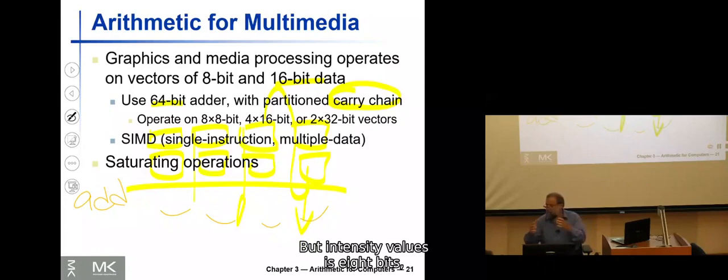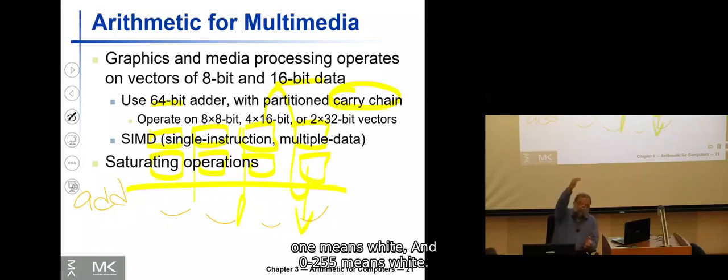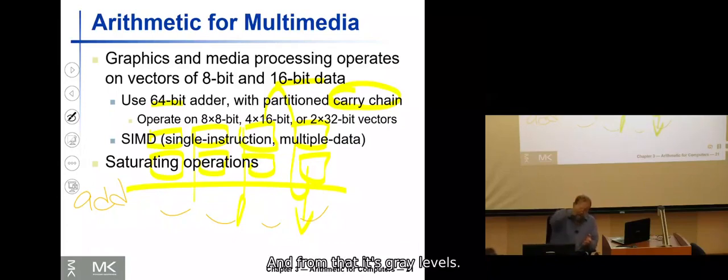But the intensity value is 8 bits, from 0 to 255. When it reaches 255, if you add 1 to that, it becomes 0. 0 means black, 255 means white, and between them are gray levels.